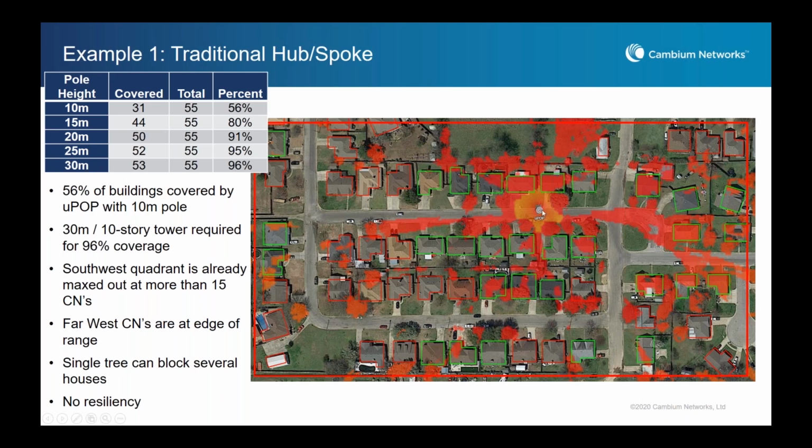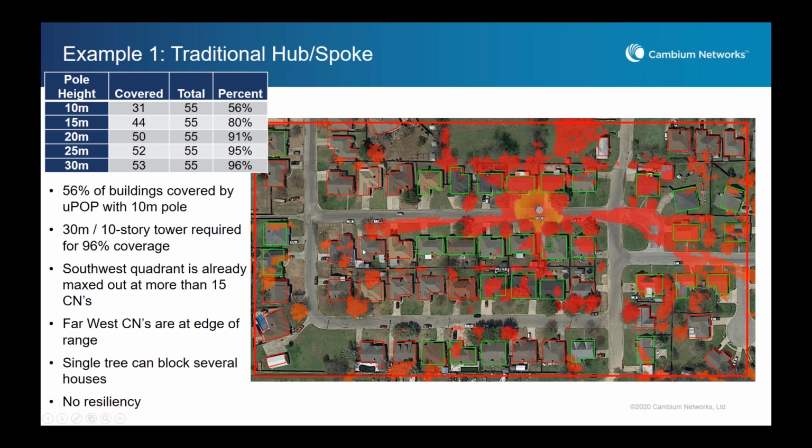That's a 100-foot tower, and this neighborhood's not going to be too happy about a 10-story tower coming into their nice neighborhood. And if I go with a 10-meter pole, I can only hit about half of the homes. Also keep in mind that because of where this tower is located, I may already have exceeded the 15 client nodes in this sector in the southwest quadrant.